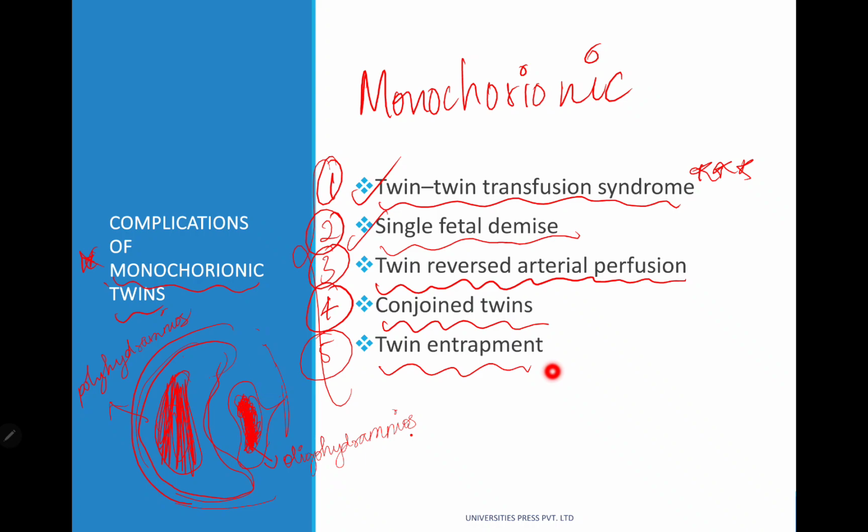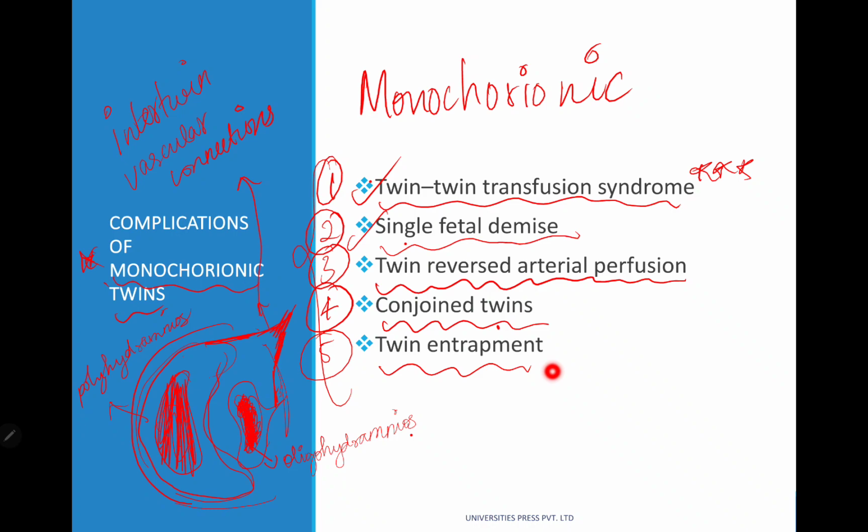Basically this is the vascular connection for this twin, and for this sac also the vascular connection is the same. That is, it results in inter-twin vascular connections. This is the main cause of twin-to-twin transfusion syndrome.